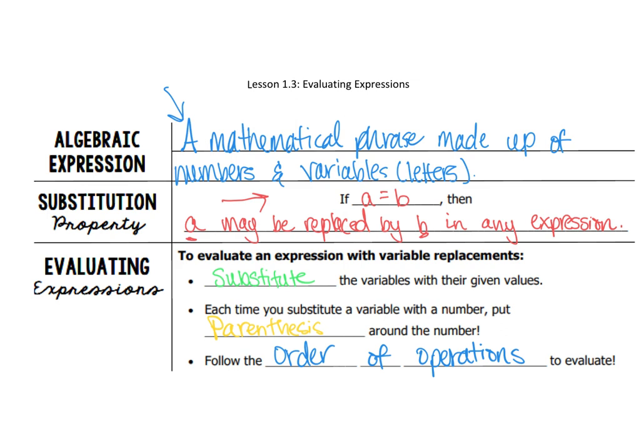So we have our steps down here on how to solve or evaluate an expression with variable replacements. First, we're going to substitute the variables with their given values, but we have to remember that each time we substitute a variable with a number, we have to put parentheses around that number, and that really will make or break this whole situation, whether or not you're willing to use parentheses.